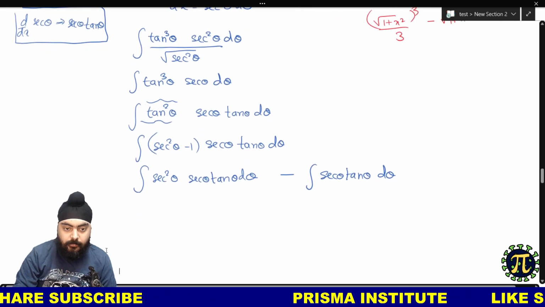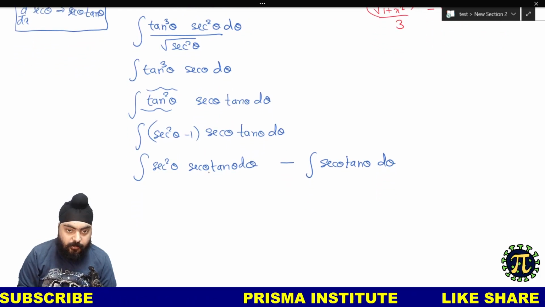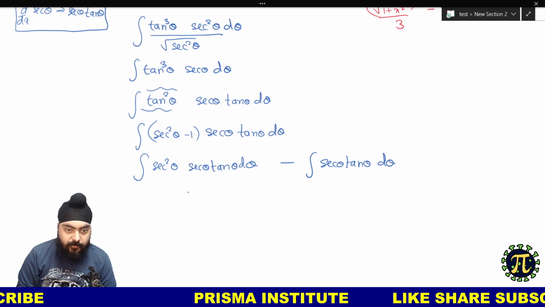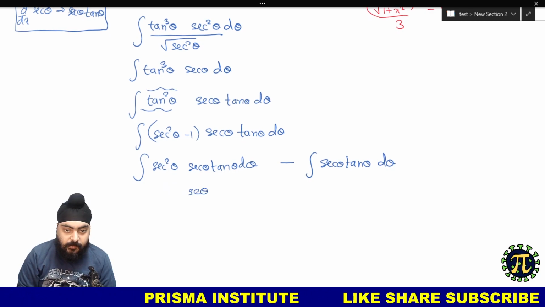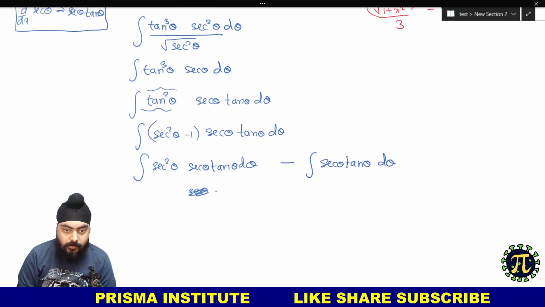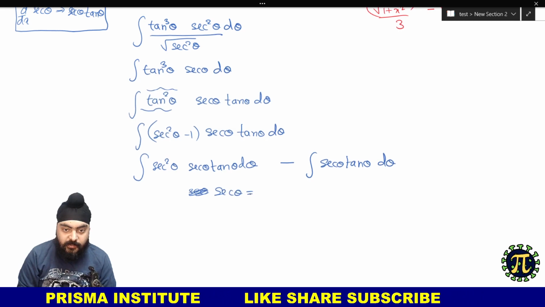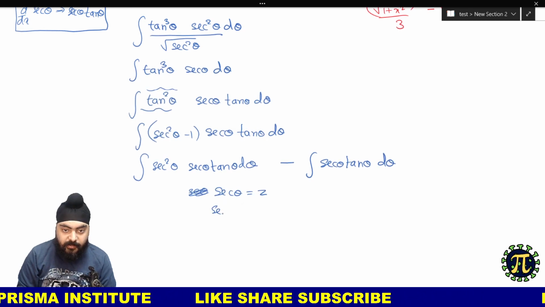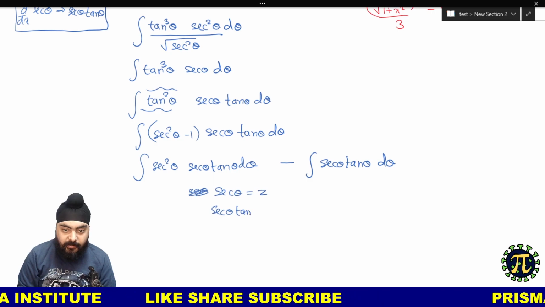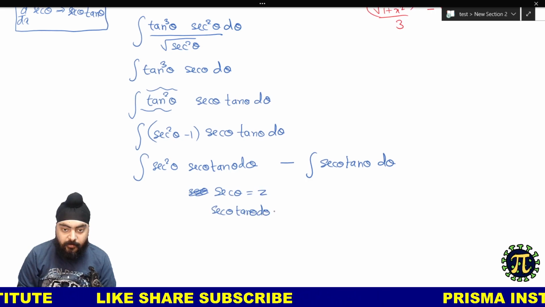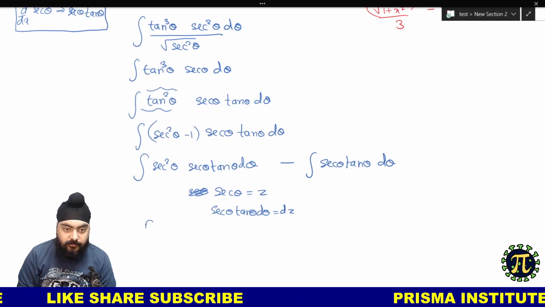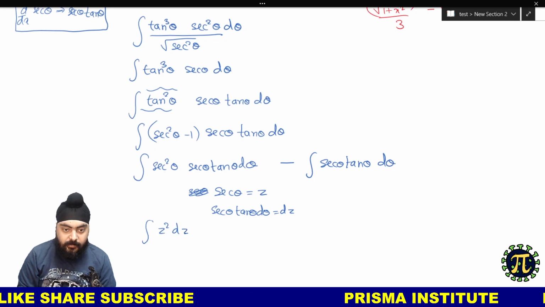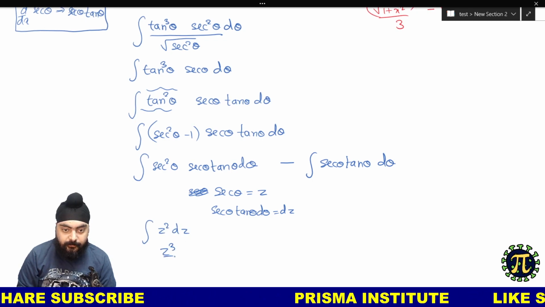So, okay, in the first integral you can put secant theta is equal to z. So secant theta into tan theta d theta will be dz, and this will become z square dz, and this will be z cube by 3.